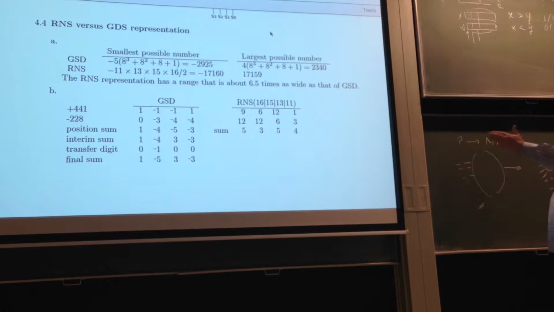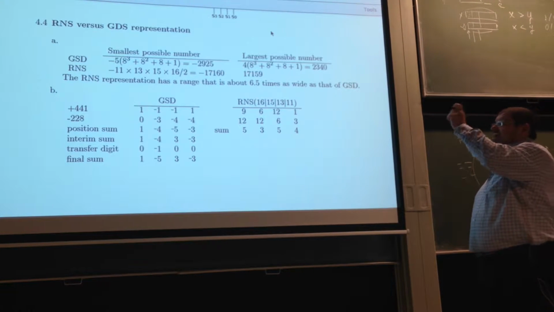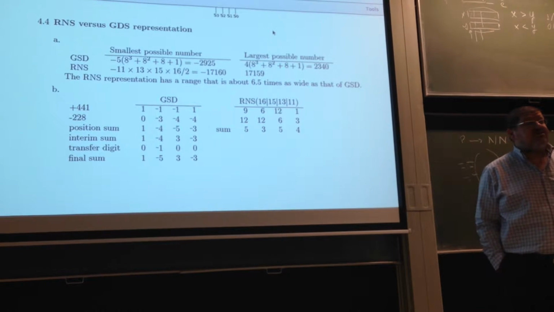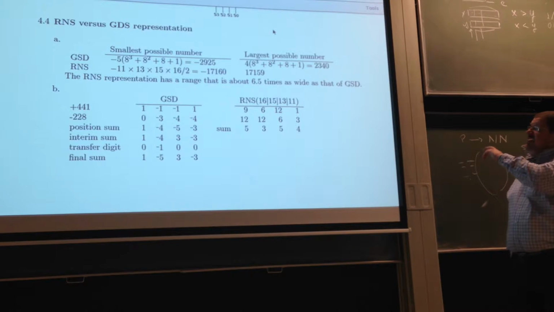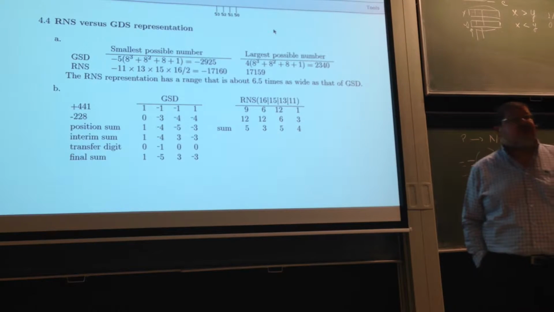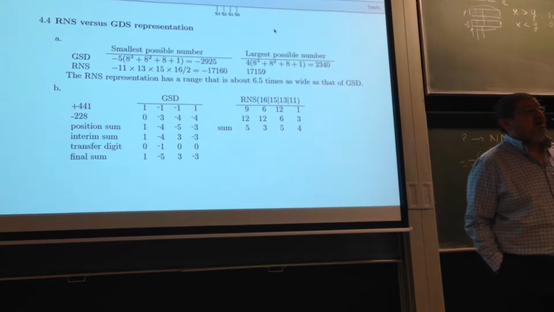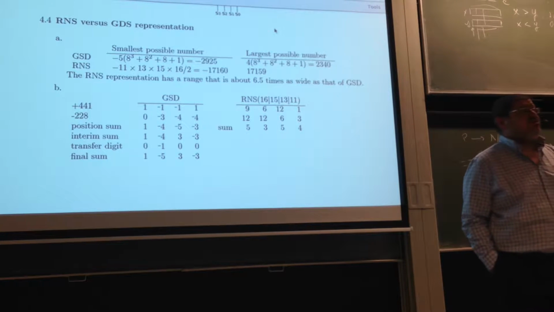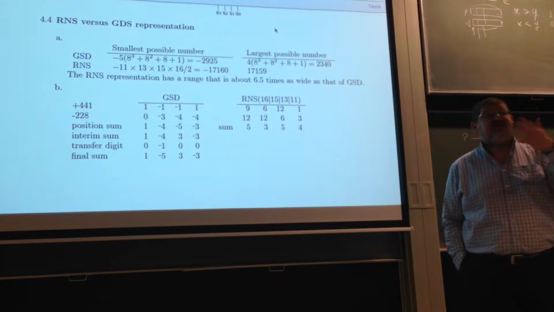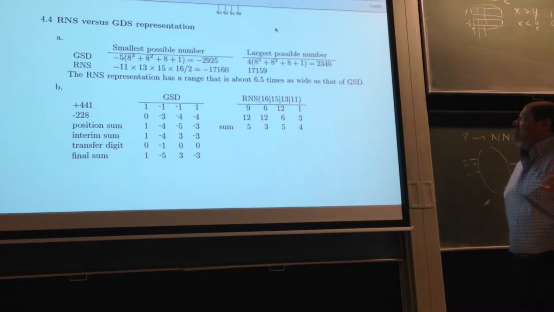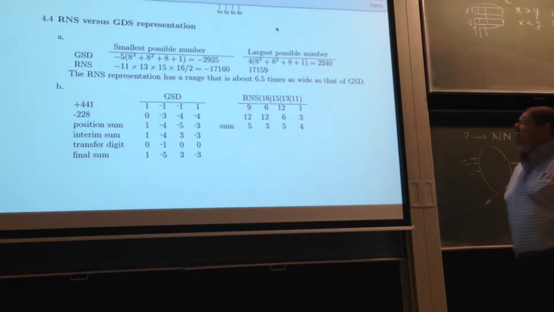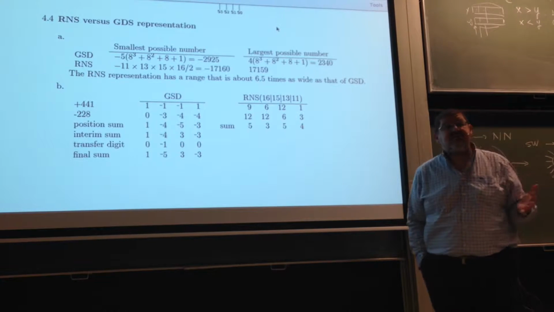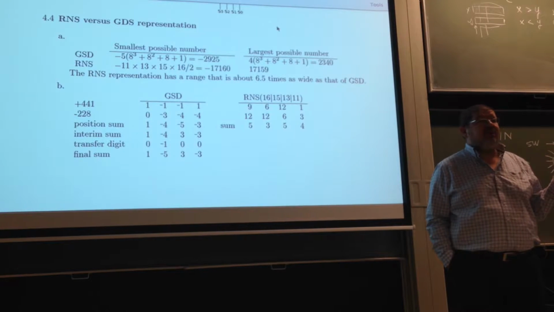Then -5 times whatever I get from 4 digits will give me that much. If I go to the positive, it is 4 times, which is the maximum positive digit value, again times the weights for the position, will give me that much. Then, roughly speaking, we get about 5,000-something possible numbers.